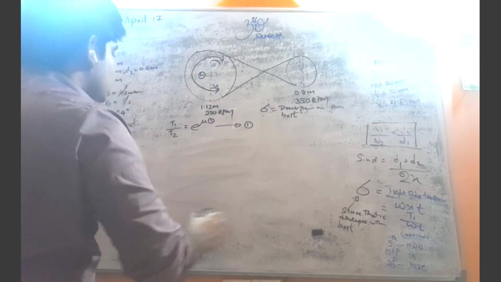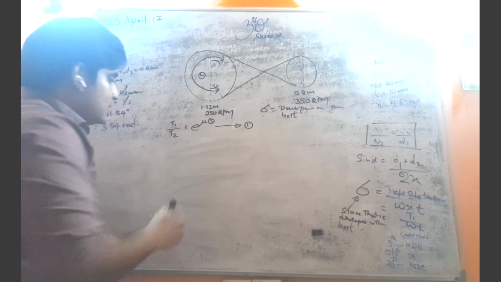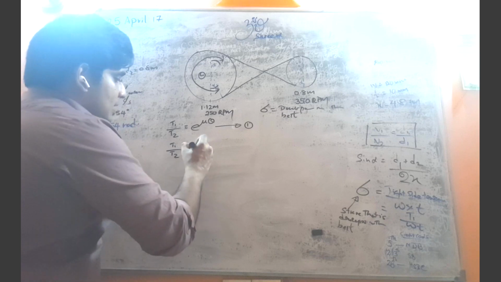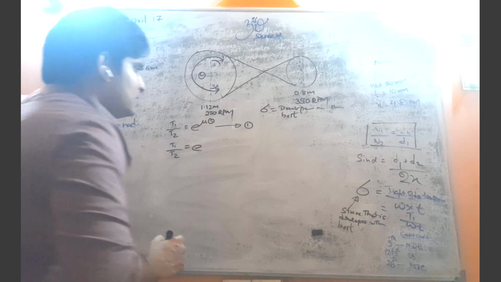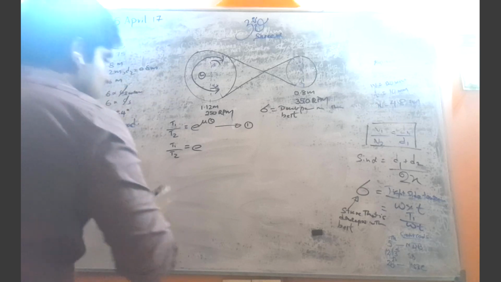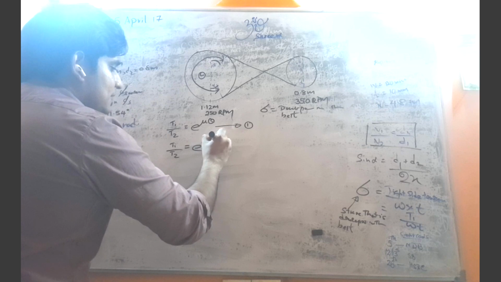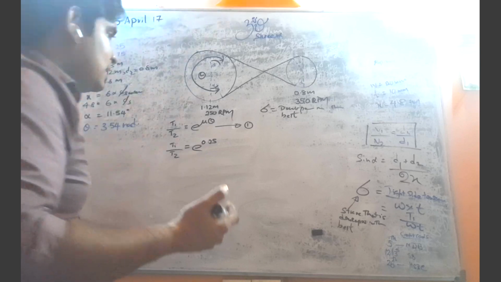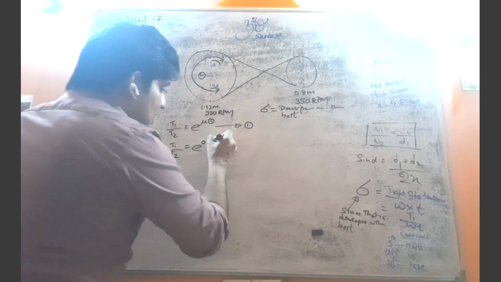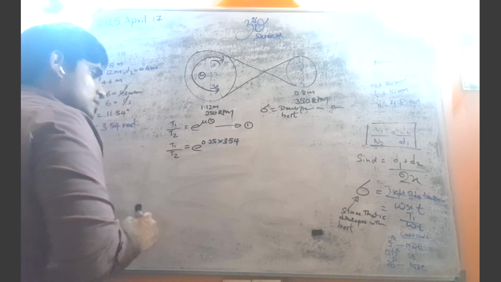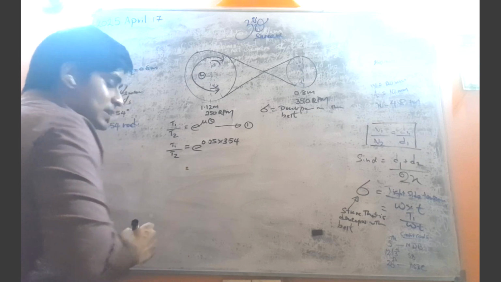So now, do we know T1? We don't know T1. We don't know T2 also. e to the power, what is our mu? As mentioned by the question, that is 0.35, which is the coefficient of friction between the belt and the pulley. So what is theta? Be very careful, 3.54. So again you need the calculator.